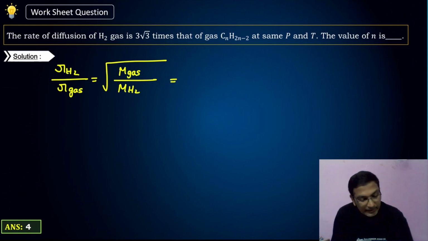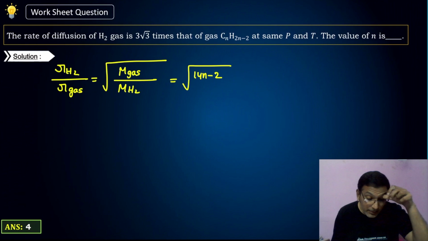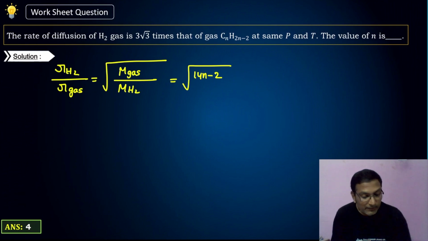So here molecular weight of gas 14n minus 2. So carbon 12, 12n plus hydrogen 1, 2n. 12n plus 2n, 14n minus 2 by 2, which is equal to 3 root 3 is given.